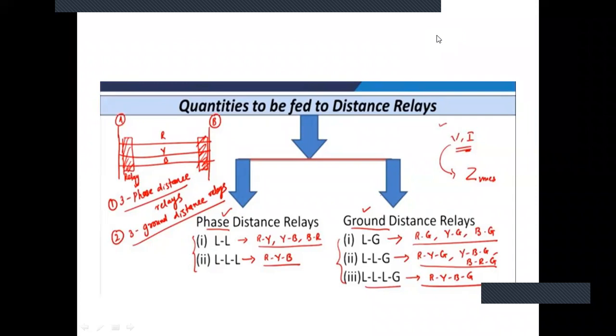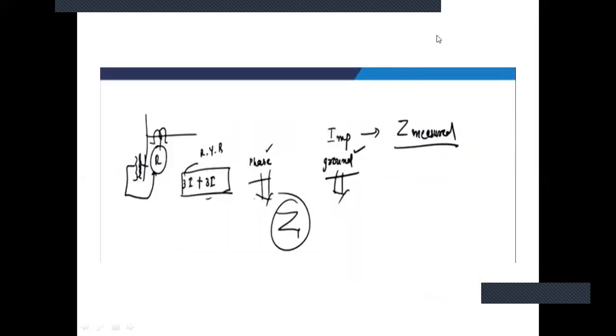The relay has to measure some value of the impedance. So whenever the relay measures the impedance, that impedance is known as the measured value of the impedance that is measured by the distance relay.